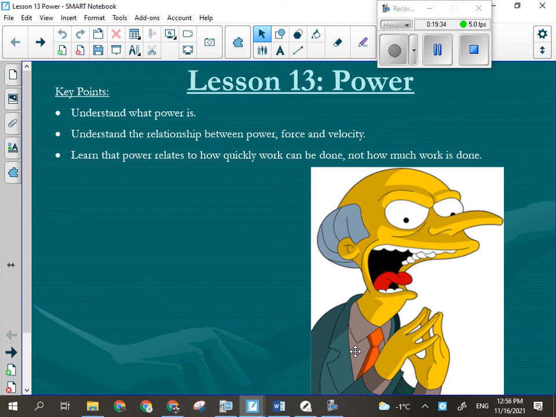Okay? It'll bog down, and it won't cut the grass properly. I have to walk slower because it can't spin the blade either as fast or as forcefully as the 5 horsepower gas mower, so it will take me longer to mow my lawn with the less powerful lawnmower. Is that making sense? Okay, so that's really the gist of power.